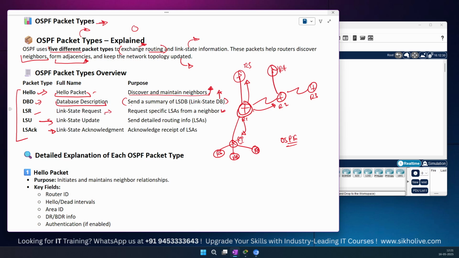After LSR, routers update with LSU, link state update, which sends detailed routing information to fill the missing part of the database. The LSAck is the final message that acknowledges receipt of the LSA. Now let's define what is hello, what is DBD, what happens in hello, what happens in DBD, and what about LSR.